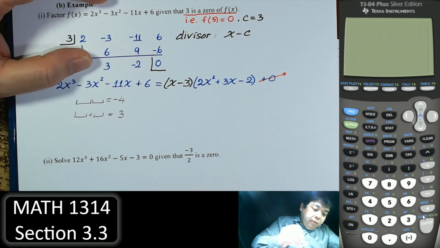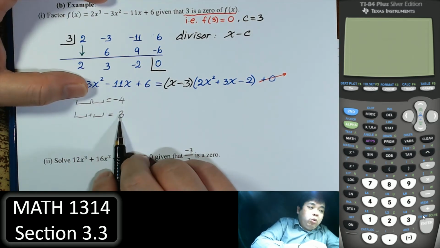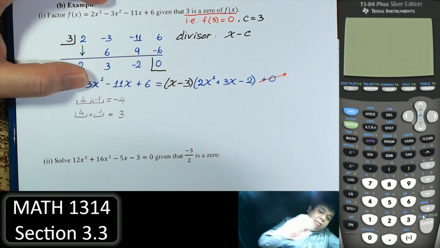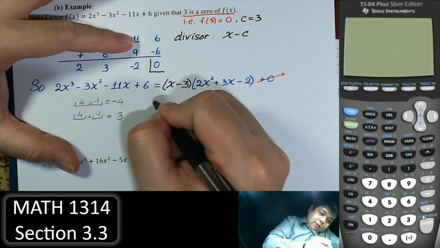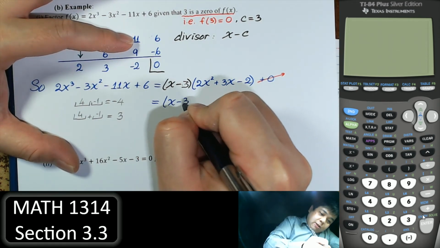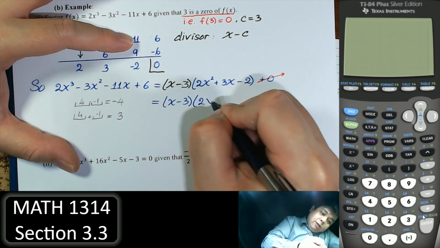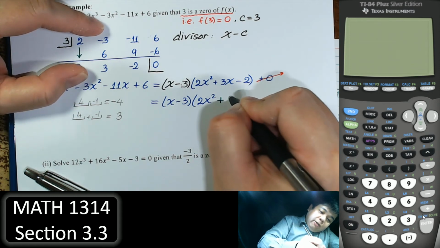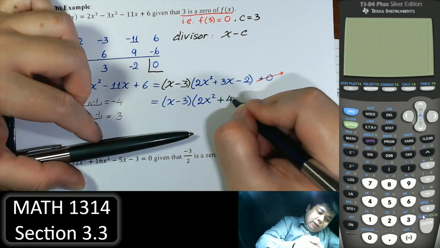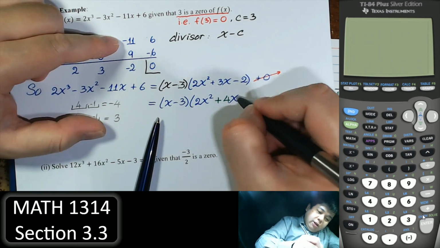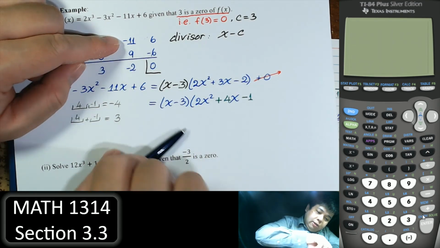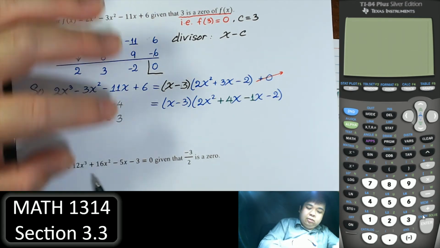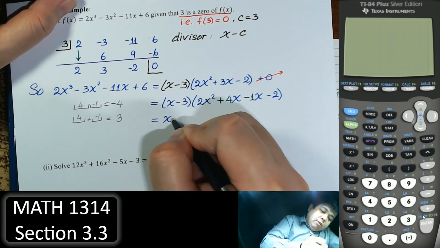So they multiply to negative 4 and add to 3, so that will be 4 and negative 1. It's 4 and negative 1. x minus 3.